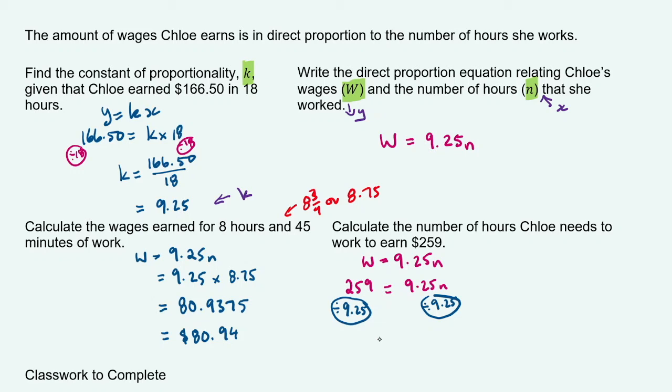That's going to give me N equals 259 over 9.25.